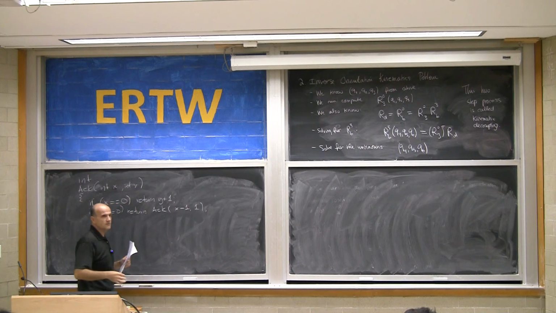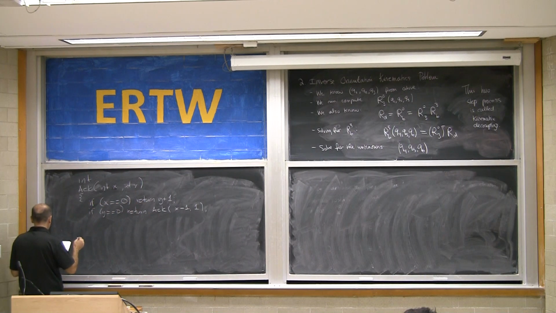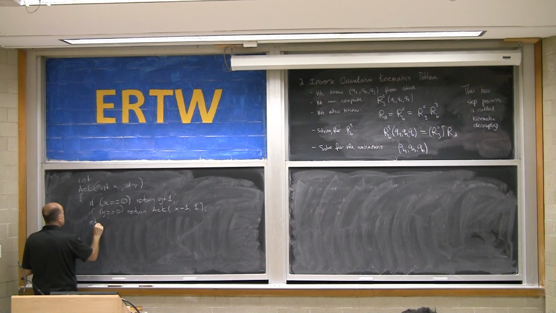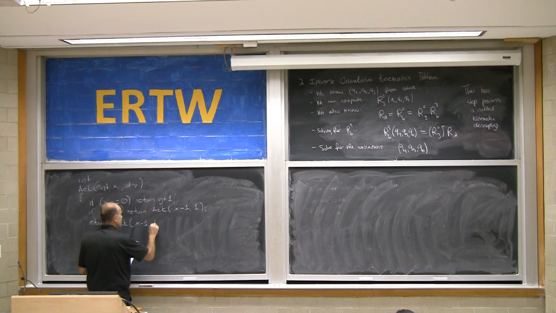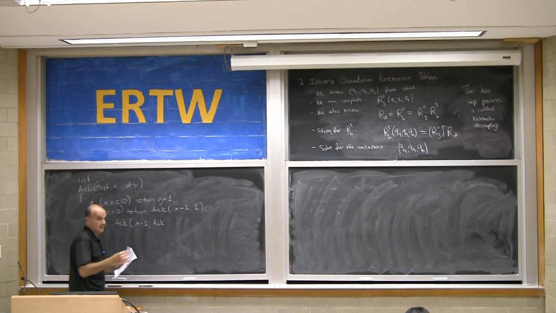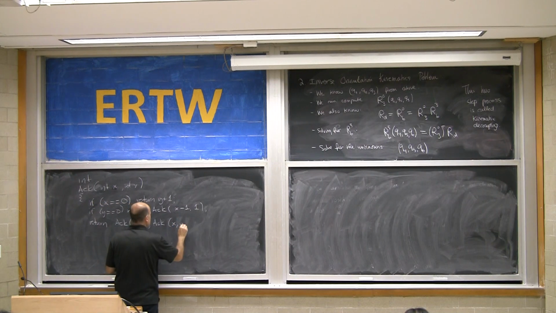So x starts decreasing and y disappears, becomes 1. Otherwise, if none of the above holds true, return Ackermann with x minus 1, so decrease x. And now, for the big surprise of the function, one of the arguments is going to be Ackermann itself, again, with x, y minus 1.